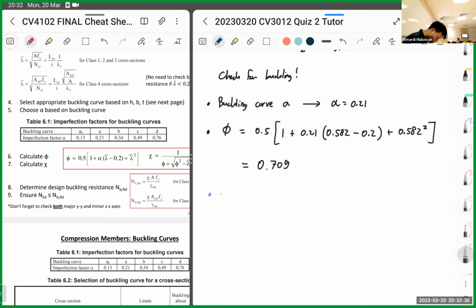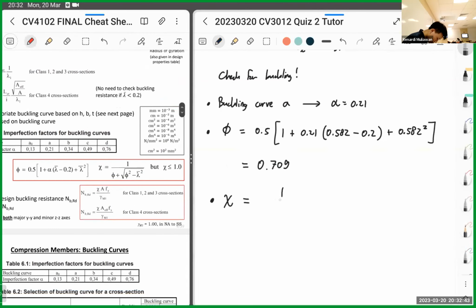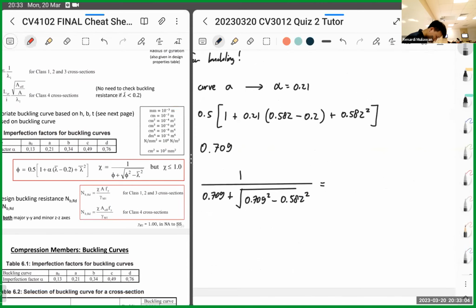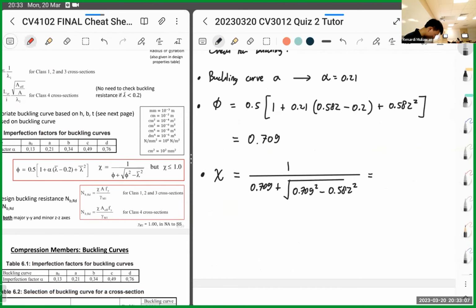Okay, so the next step is to calculate chi. Chi is 1 divided by phi, 0.709, plus the square root of phi squared minus lambda bar squared, 0.709 squared minus 0.582 squared.